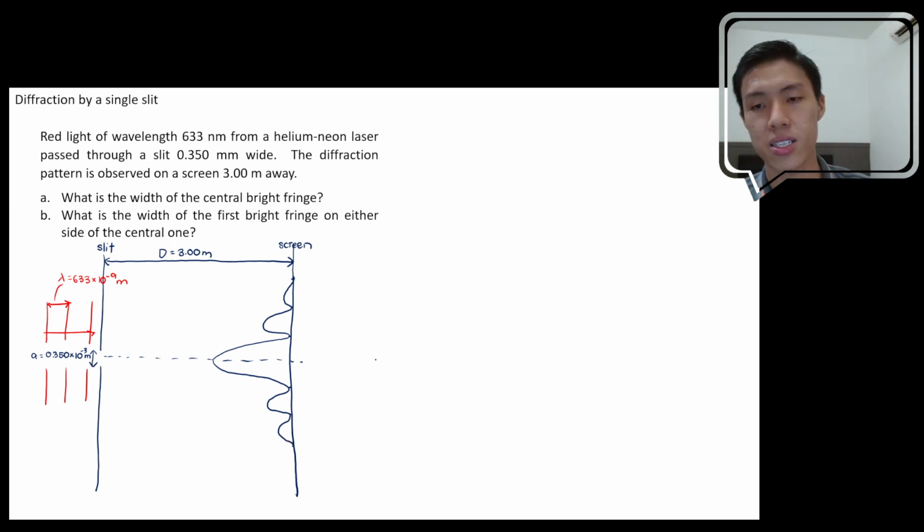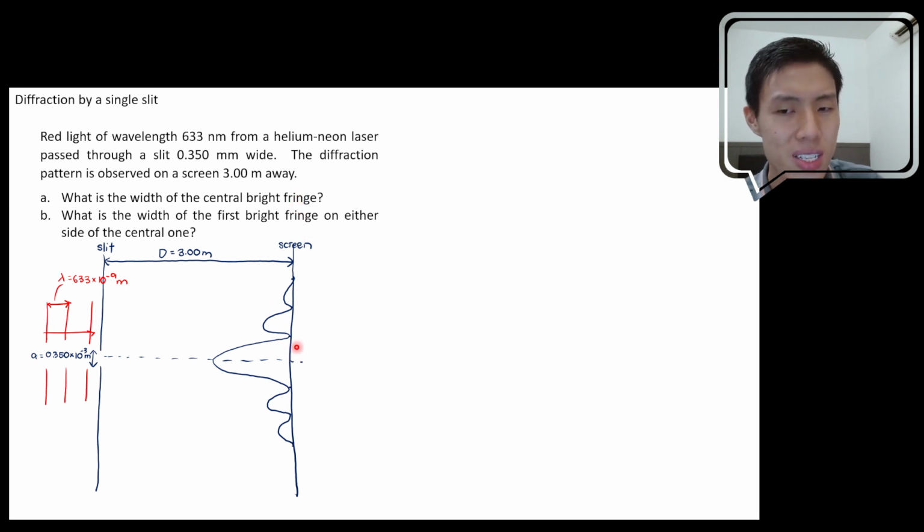Something like this. So how is it different from the interference pattern? If you look at the interference pattern, the brightness of all the bright fringes should be the same. But in the diffraction pattern, the central one is always the brightest. It has the highest intensity. But as you go to the next fringes above or below, they get dimmer and dimmer as you go further away from the central bright.